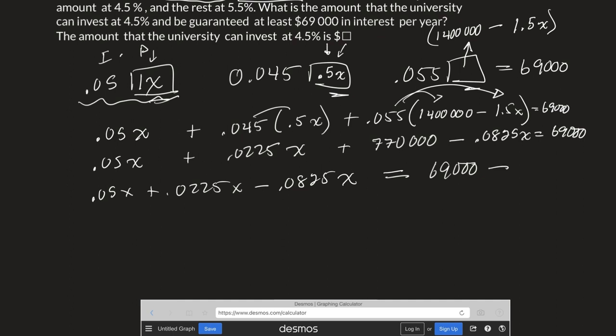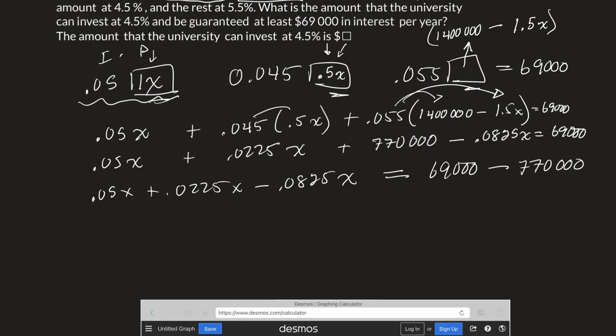Did I have too many zeros there? No, that was correct. I think I multiplied that right. 770,000. I wonder if this will work out. Those numbers are a little different than I've seen.